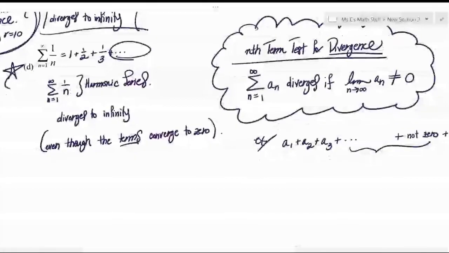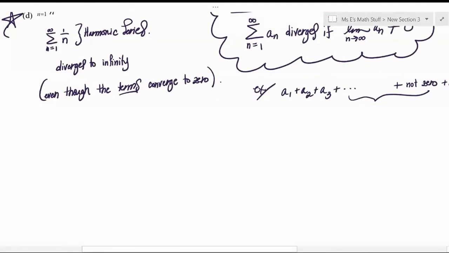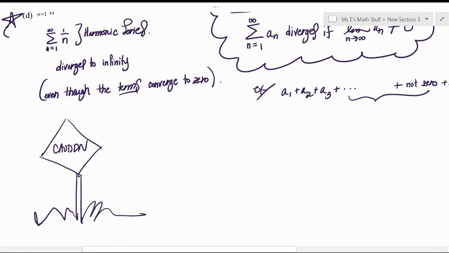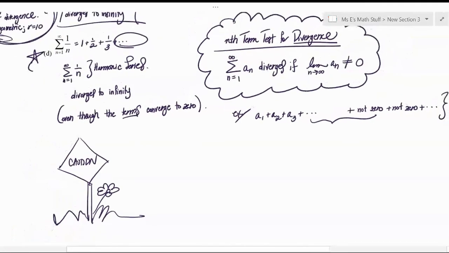A common misunderstanding is people think, and we're going to add this as a caution sign. That says caution in case you can't read my handwriting. I'll give you a little flower and everything. People think that after saying the nth term test for divergence like that, if the limit as n approaches infinity of the terms does approach 0, then the sum as n goes from 1 to infinity of a sub n will converge.